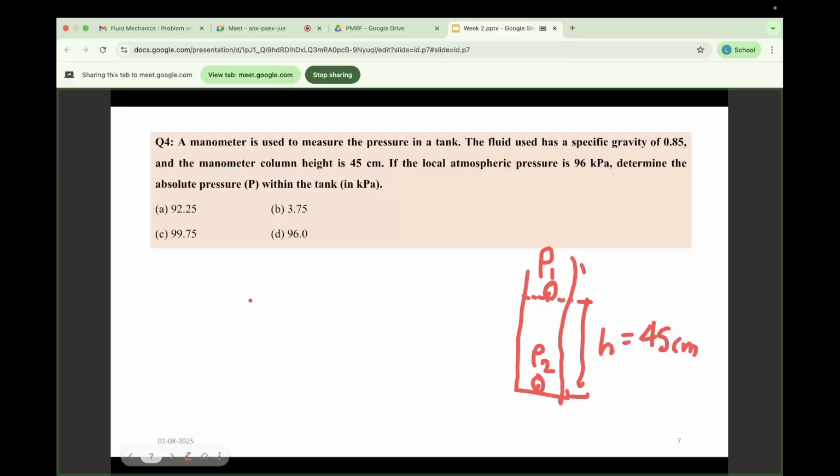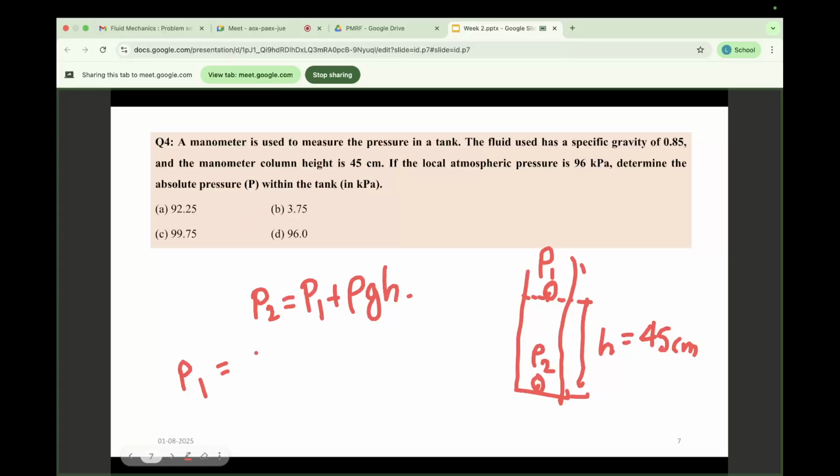P2 should be more than P1, right? So P2 equals P1 plus rho g h. What is P1? P1 is the atmospheric pressure.